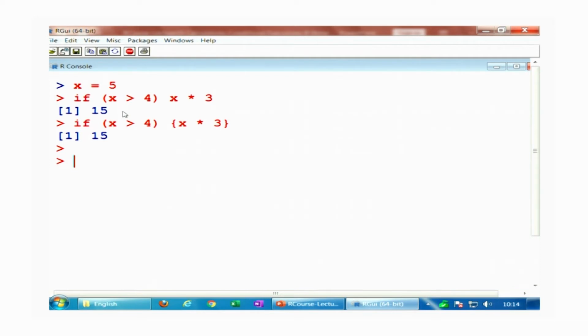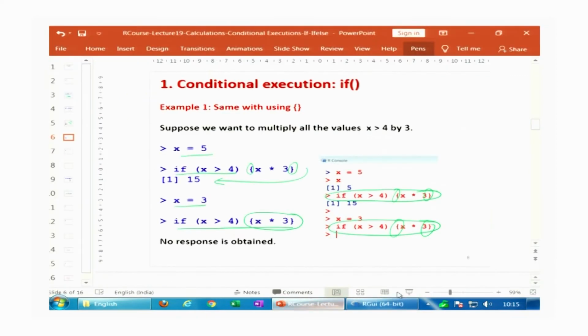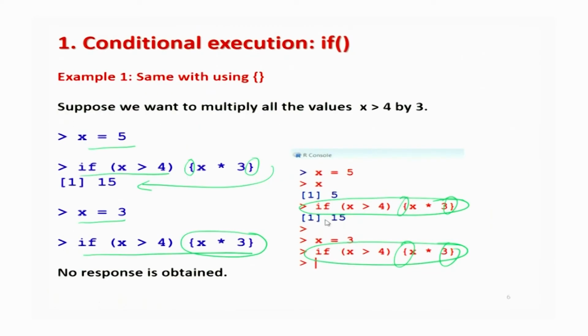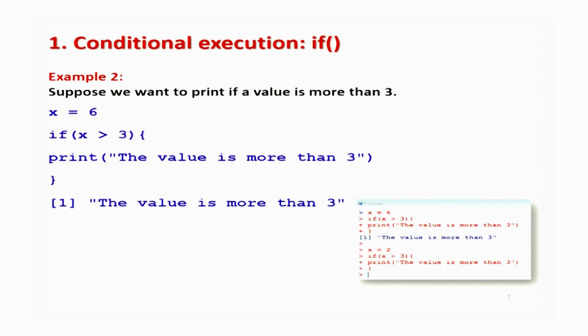But if you take x equal to, suppose, 2, then this gives you no output, because the condition is false. There is no outcome, and even if you write these curly brackets, it will not give you anything. This is what I meant when I was explaining this example.